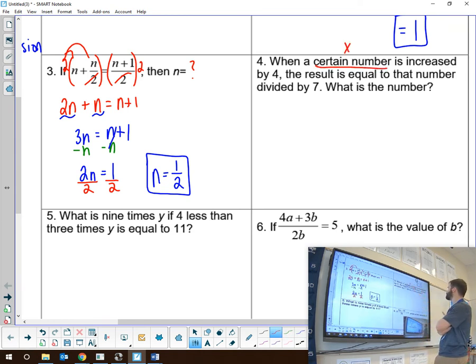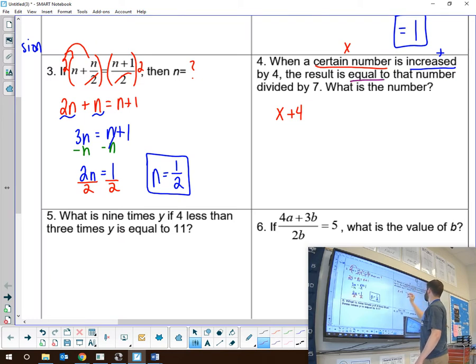When a certain number x is increased by 4. Now whenever you see this word increased by 4, you should be thinking add, right? If we are increasing, we're going to add by 4. So let's go ahead and start writing this out. We're going to have x plus 4, increase by 4. The result is equal to, hey, that sounds like a key word, is equal to that number divided by 7.